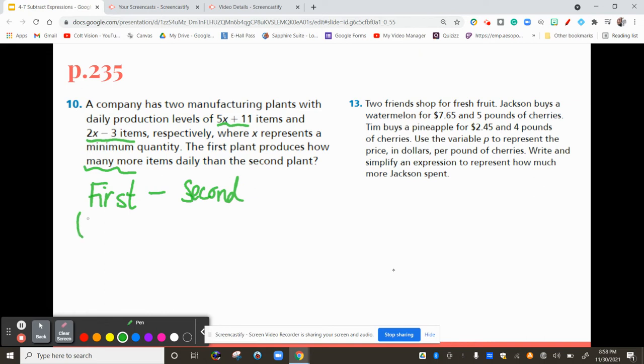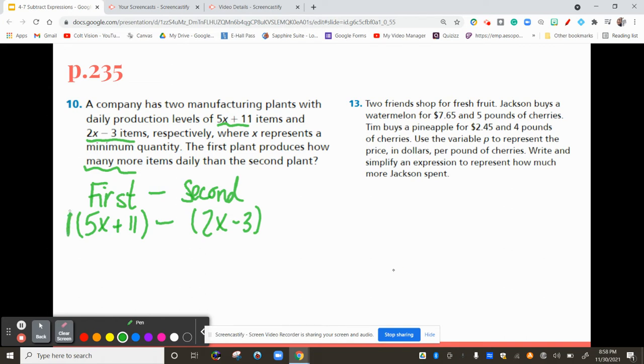So the first one is 5x plus 11, whereas the second one is 2x minus 3, and we're subtracting these to find out how many more. We have parentheses to show the distributive property, but there's nothing really distributed here except for a 1.